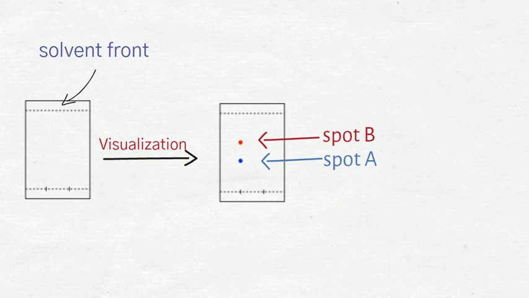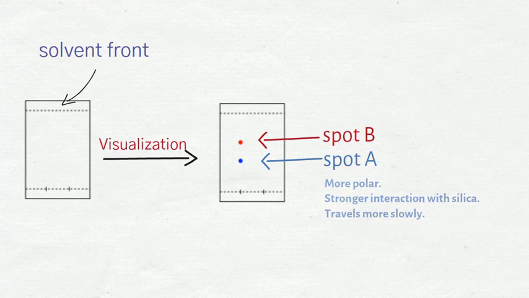Why is that? Well, the different compounds in the reaction mixture will not travel at the same rate, and they will separate as they travel up the plate. Remember we said that silica is polar. Knowing that, which compound do you think is more polar? Compound A is going to be the more polar one because polar molecules like interacting with other polar molecules.